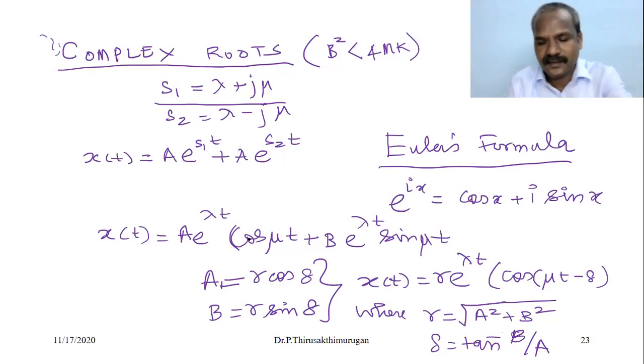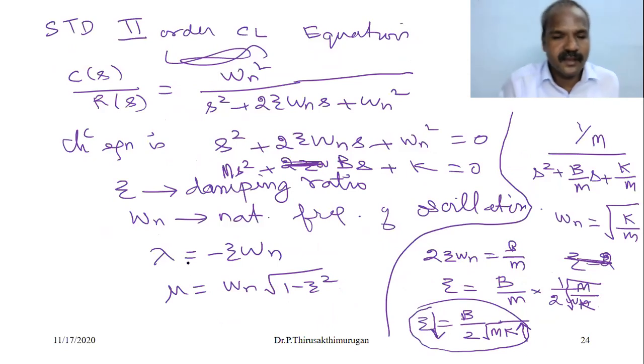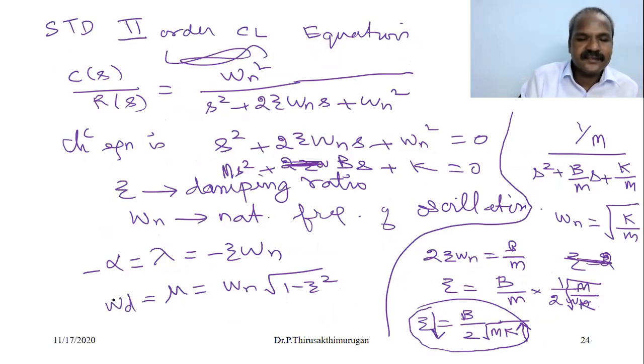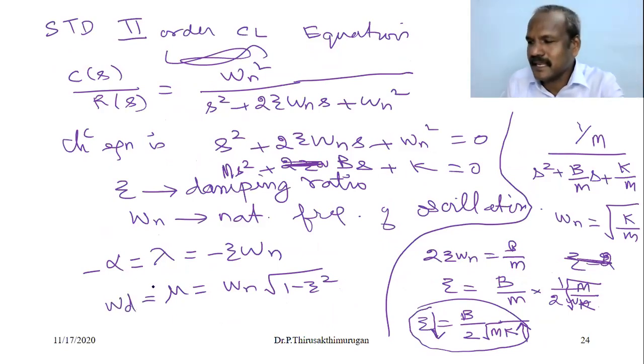We find that lambda equal to minus zeta omega n, which is minus alpha, and mu equal to omega d.